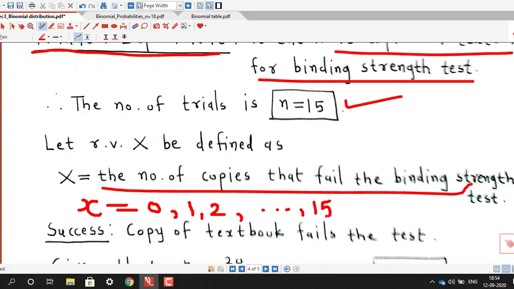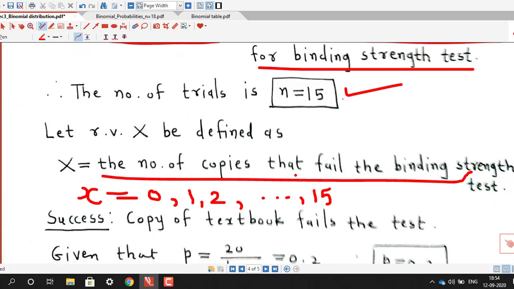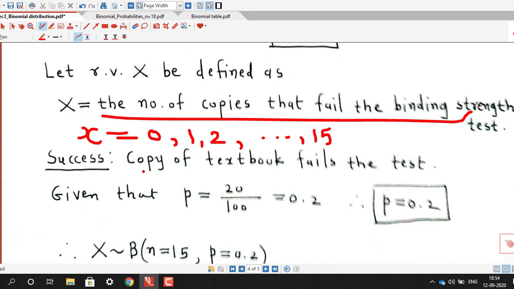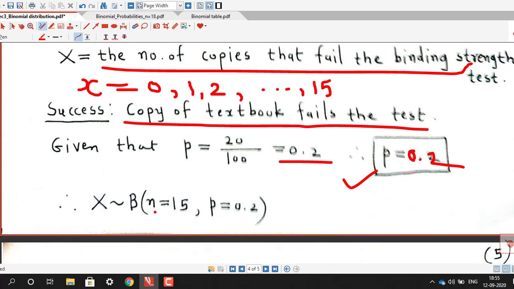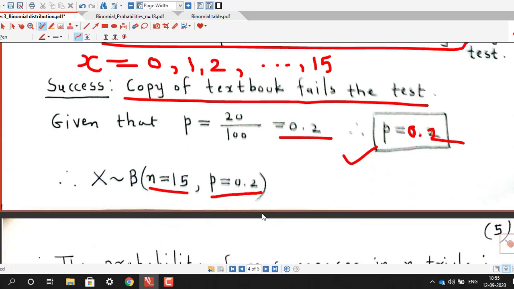These are the possible values of the number of copies that fail the test. And success is the event that the copy of the textbook fails the test. So it is given that the probability of this copy of the textbook failing the test is 20%, that is 0.2. So the probability of success is 0.2, which is the same for each copy. So therefore capital X is a binomial random variable with n equal to 15 and p equal to 0.2.